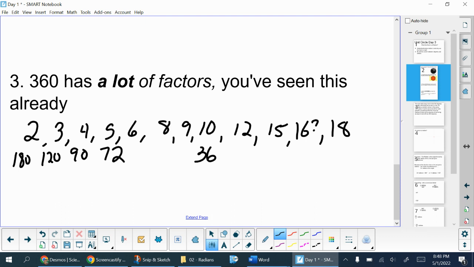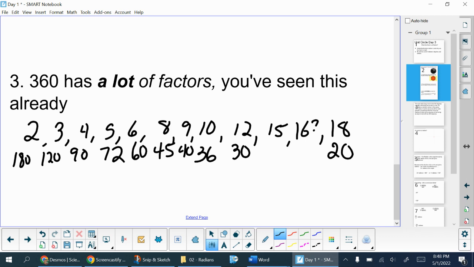It's 72. 8 times 45. 9 would be 40. 10 is 36. 12 times 30. 15 times, what's 15? I don't know. 18 times 20, and then you've kind of repeated them all. Why did I not put 6? 6 is 60. I know 15 works, but I don't remember what it goes into. Don't remember about 16.